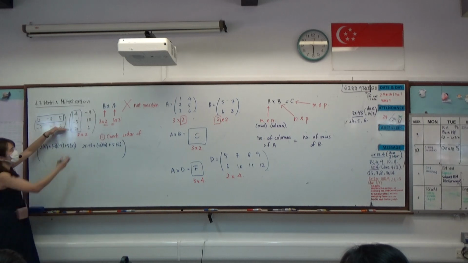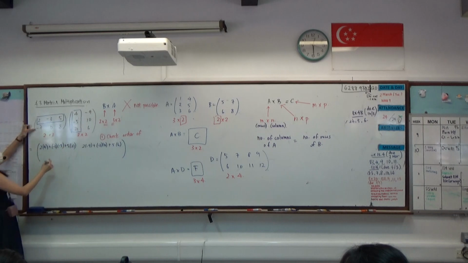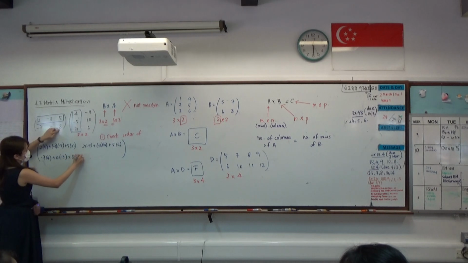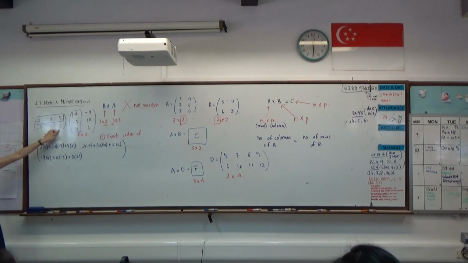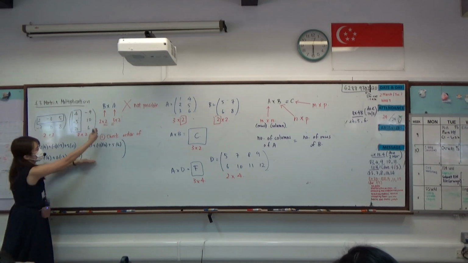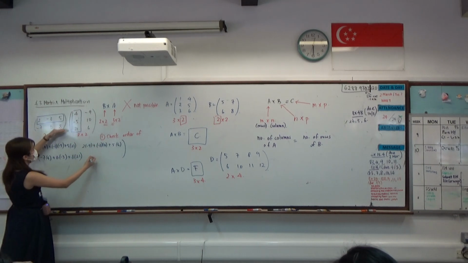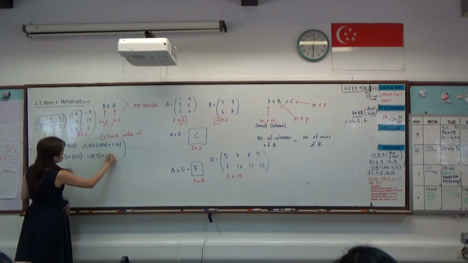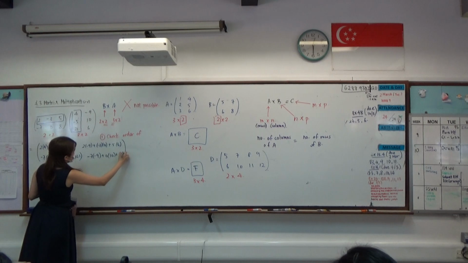So second row, first column. So we take -7 times 4 plus 0 times -5 plus 8 times 21. Okay, then last one will be second row, second column. So -7 times -9, 0 and 10, 8 and 6.